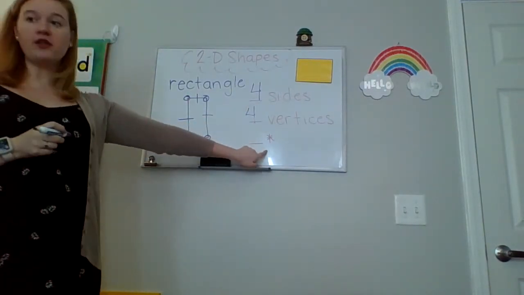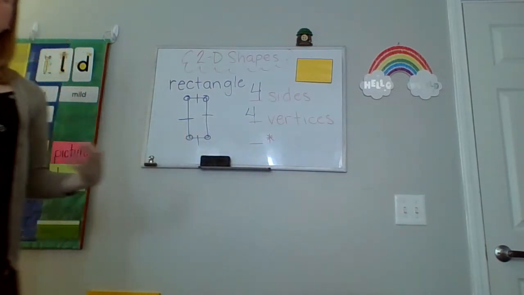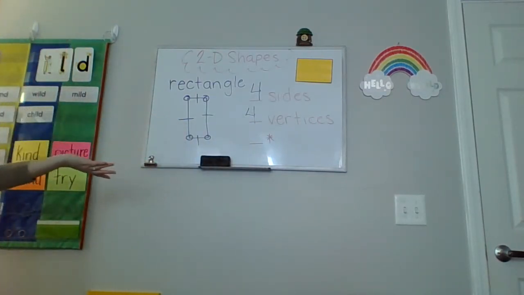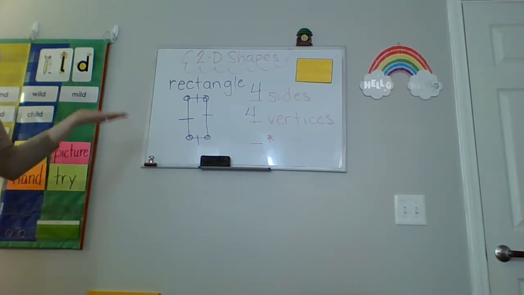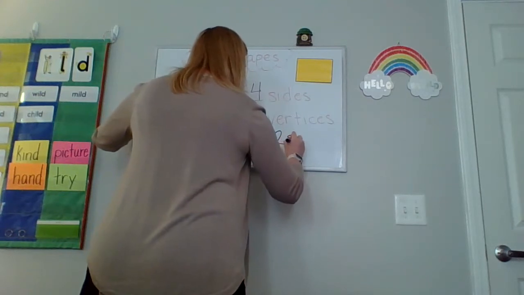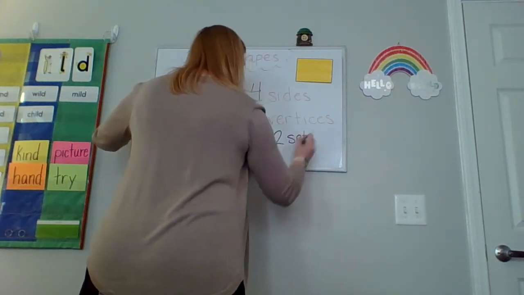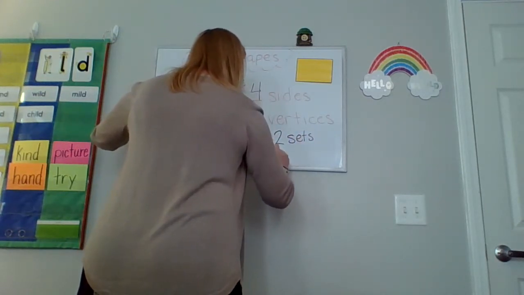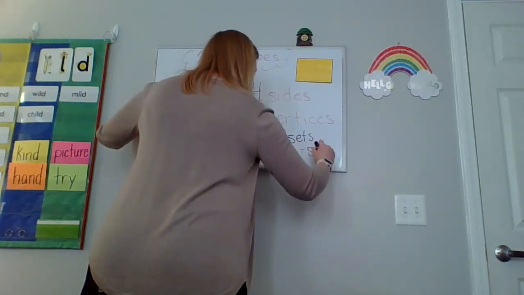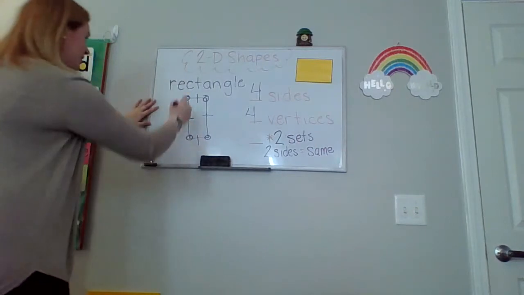Now this other little part here is another way to describe a rectangle, because a rectangle is much different than a square. A rectangle, you could say, has 2 sets of 2 sides that are the same, right?